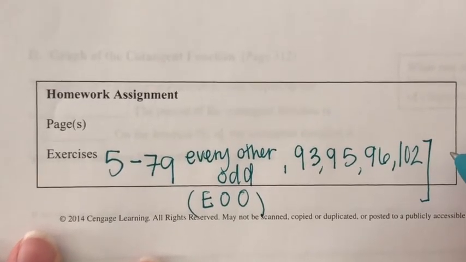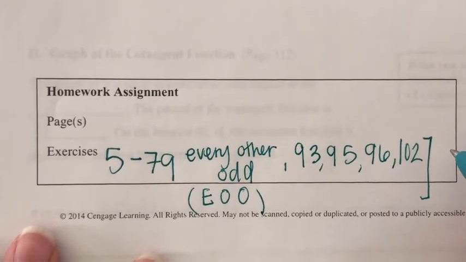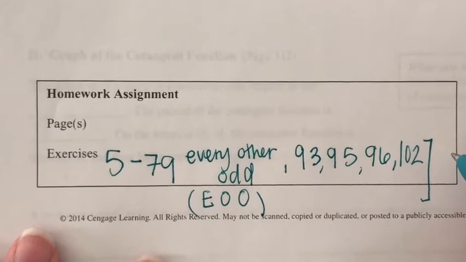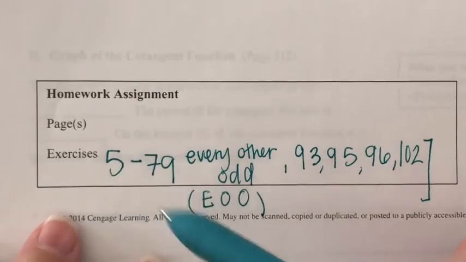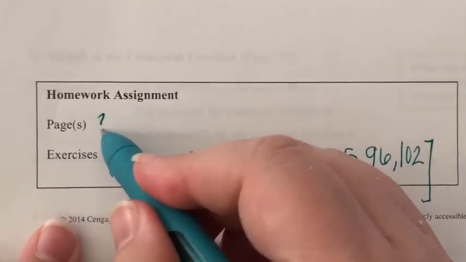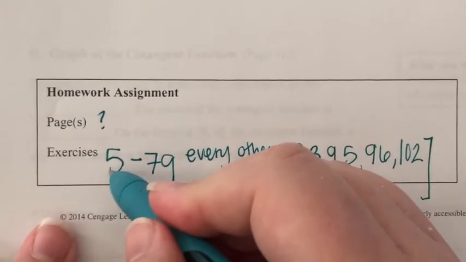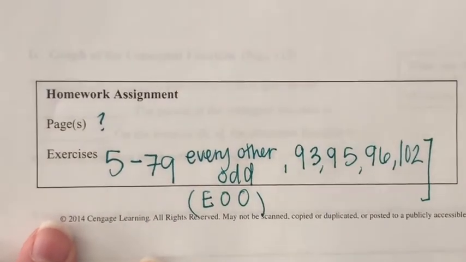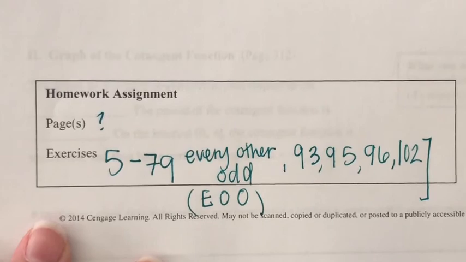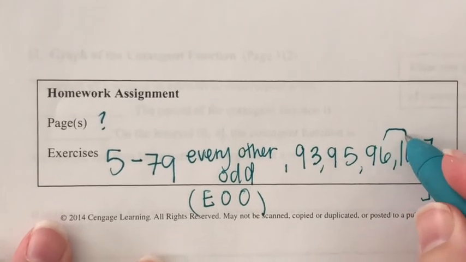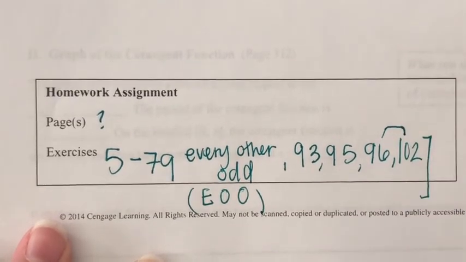Please work on it tonight so that when I come back tomorrow, you'll have good questions and we're not just starting from scratch again. So it's 4.5. I don't remember what page it starts on. I don't have the book with me, but it's 4.5, numbers 5 through 79, every other odd, 93, 95, 96, and 102. Notice there are 2 even problems. Okay, you can do it.